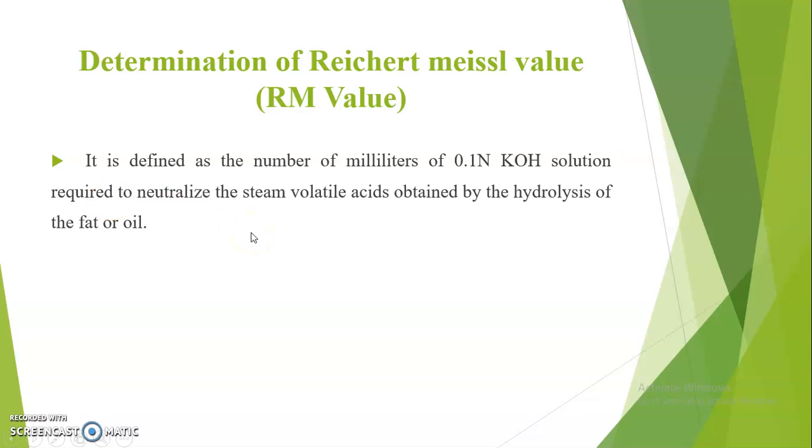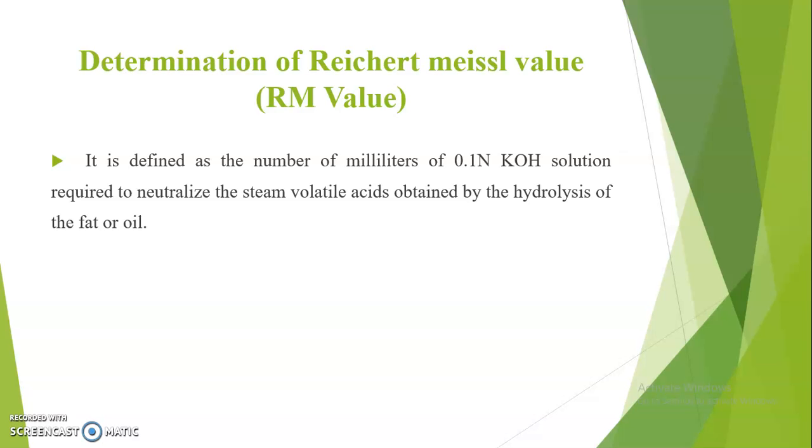Now you may wonder, if we are going to carry out the neutralization of the acids, then what is the difference between the acid value and this RM value? Because in acid value also we carry out the neutralization of the acids.